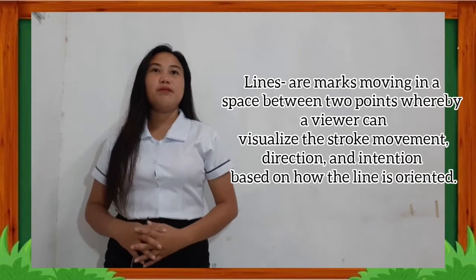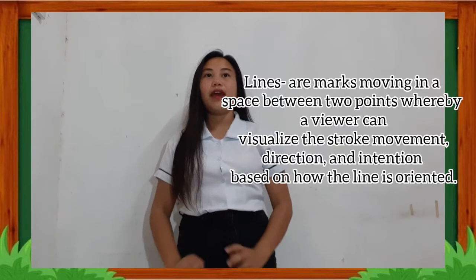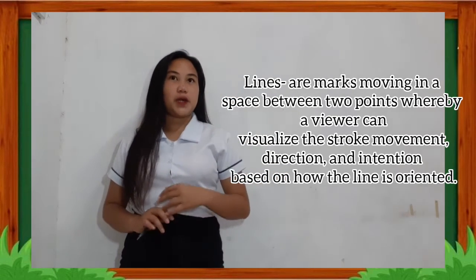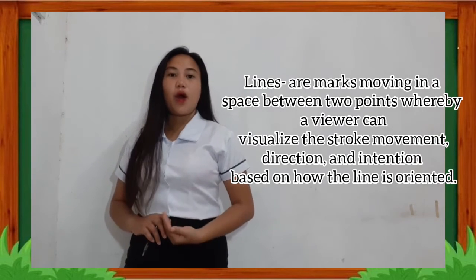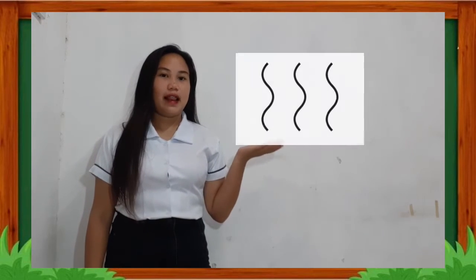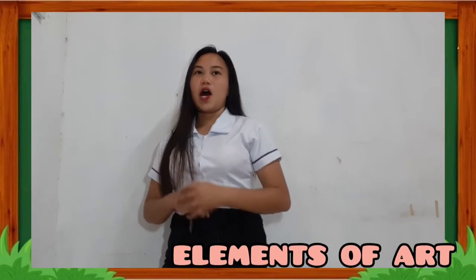Lines are marks moving between 2 points whereby the viewer can visualize stroke movement, direction, and intention based on how the line is oriented. The examples of line are the straight line, the zigzag line, and the curved line. The line is one of the elements of art.